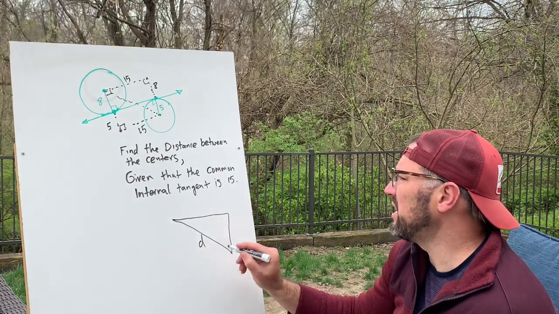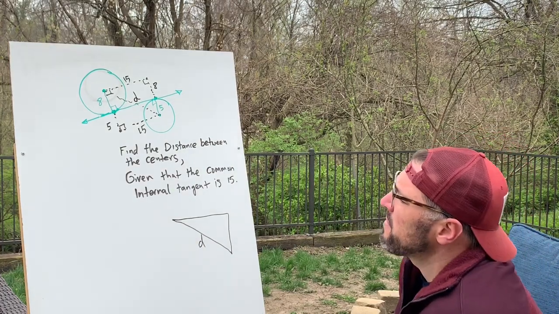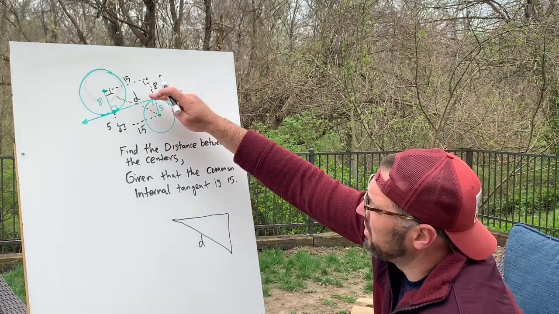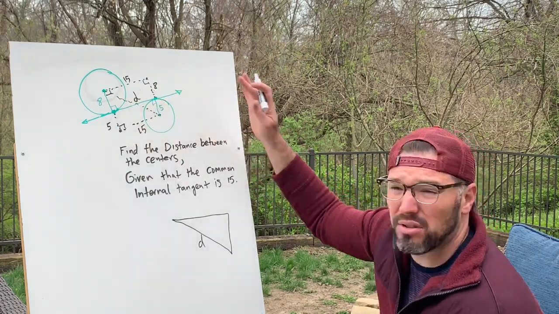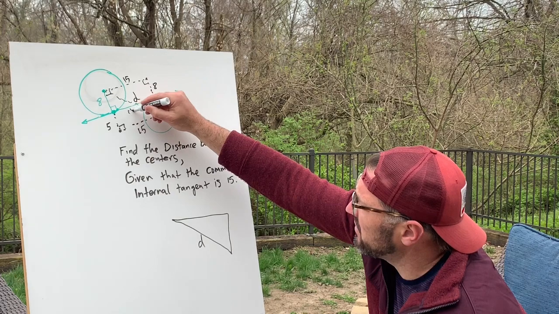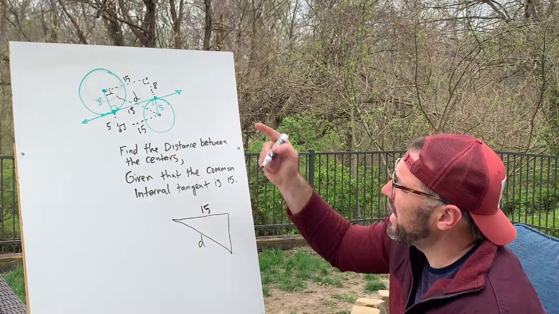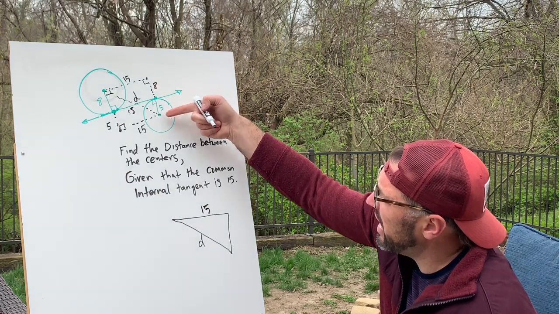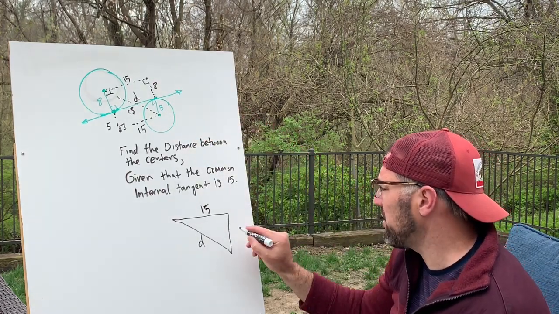Let's just call this D, because that's the distance we're looking for, the distance between the centers. I figured out that this was 15 because I drew auxiliary lines. And I know that this side of the triangle is 8 plus 5, so what is that, 13?